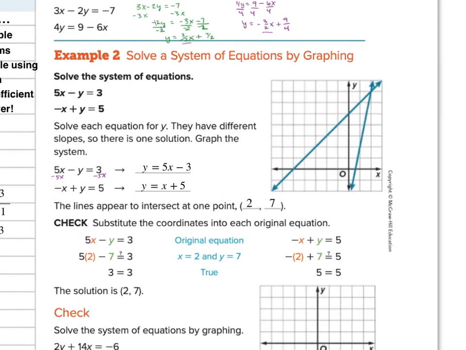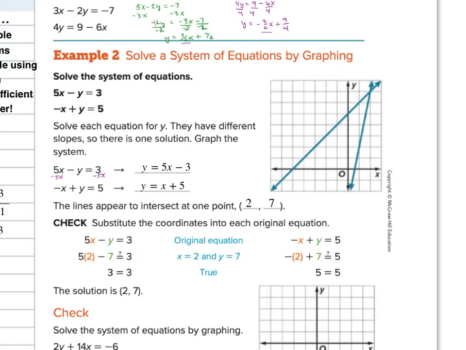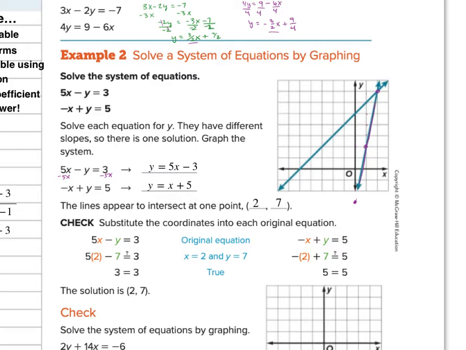So they were able to do your literal equations to get y equals, and then when we graph it, we start off at the y-intercept, which is, in this case, -3, and then we would go up 5, 1, 2, 3, 4, 5 over 1, and then that's how they graph that line right there.